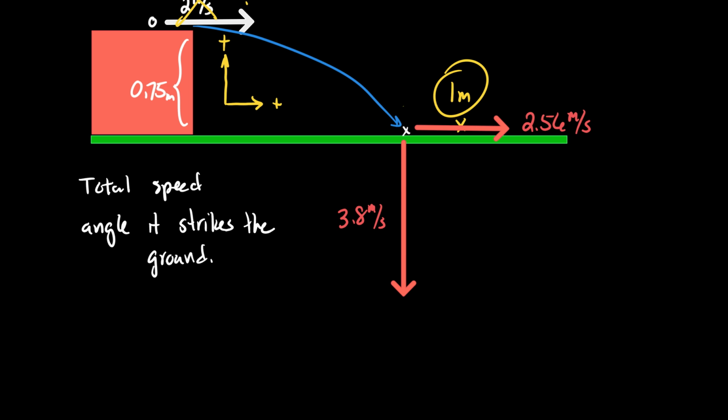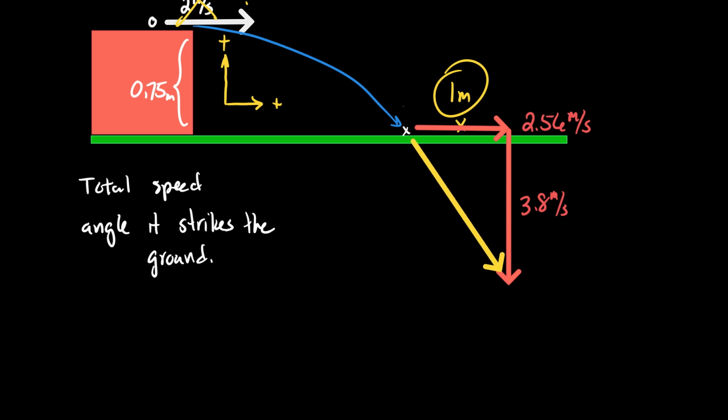Now, our information is all separate. All the work we do is either horizontal or vertical, but this problem isn't asking about that. It's asking about the total velocity when it reaches the ground, which, if we place these tip to tail, it's asking about this velocity. So, do you see a clearly implied triangle here?